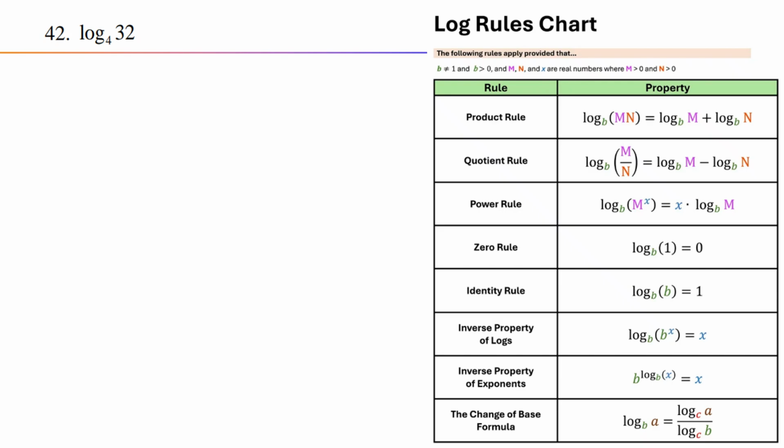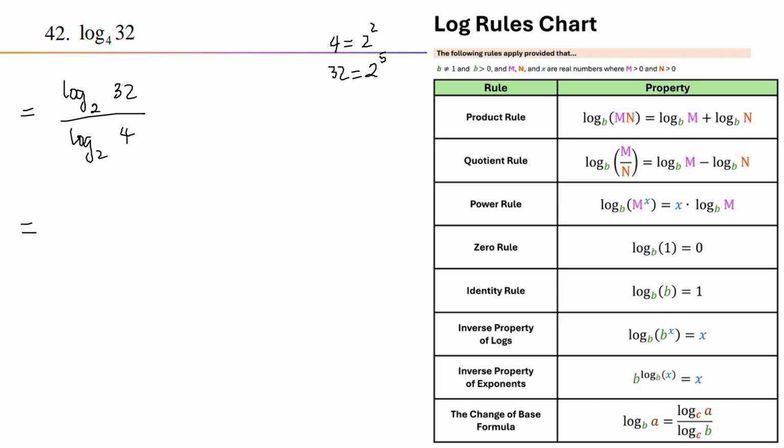Now we have 4 is base 2. So 4 is base 2, so 2 squared. 32, always remember, is base 2 of 5, so 2 to the power of 5. Now one more time, log base 2 of 32 over log base 2 of 4.